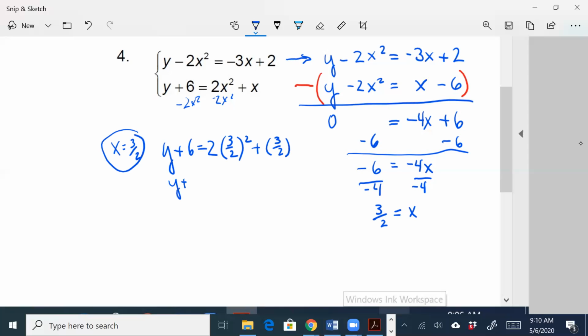So y plus 6 equals 2 times 9/4 plus 3/2. 2 times 9 is 18, 18/4 plus 3/2 is 6/4.